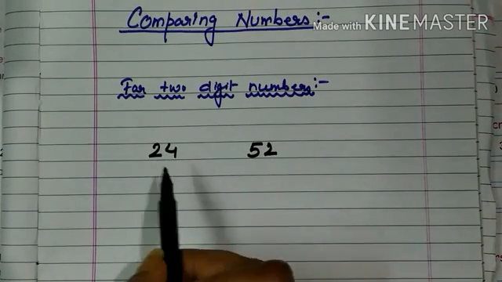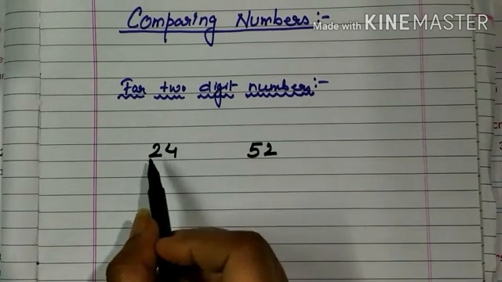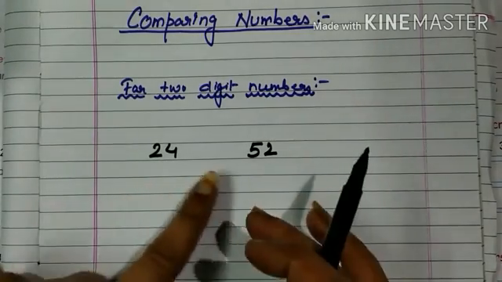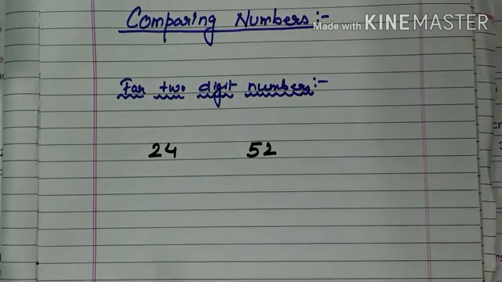Now start comparing the numbers: 2 and 4, and 5 and 2. 24, 52.